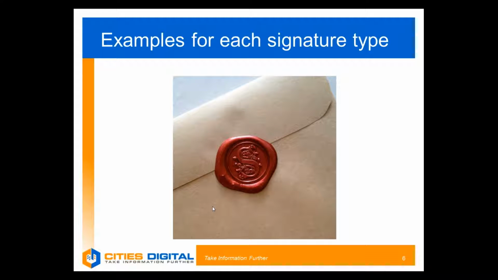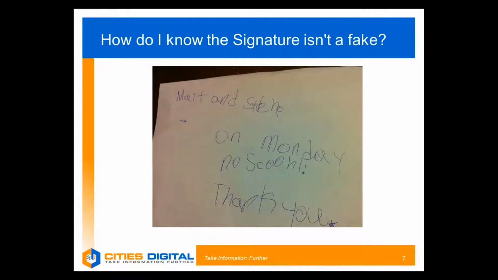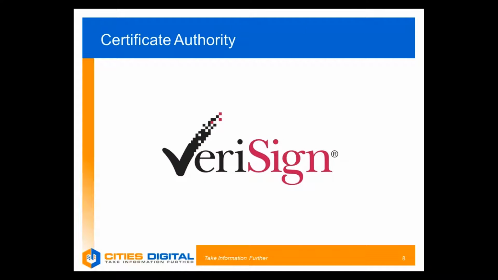So the way that our digital signatures are confirmed is we have what we call certificate authorities. People have heard of these. VeriSign, you've probably heard of them. Basically, if you are setting up your own digital signature, you will have a certificate that is granted to you by a certificate authority. The certificate authority is making sure that you are who you say you are.